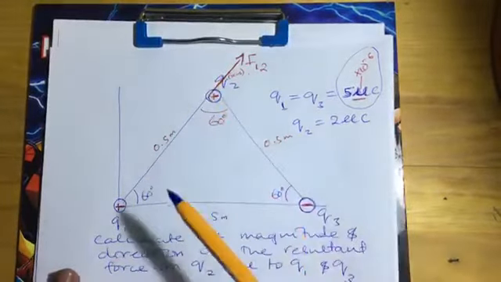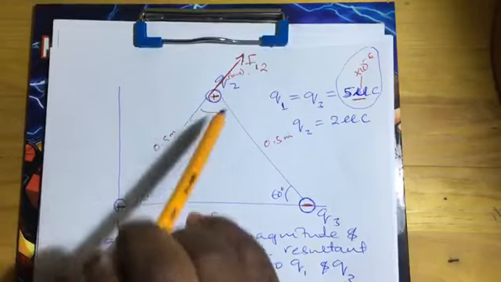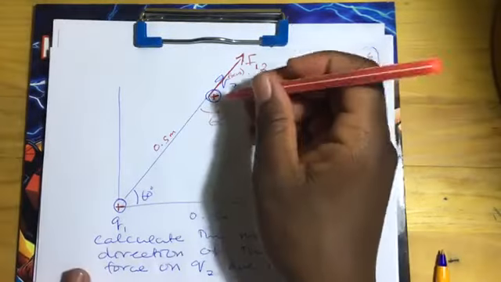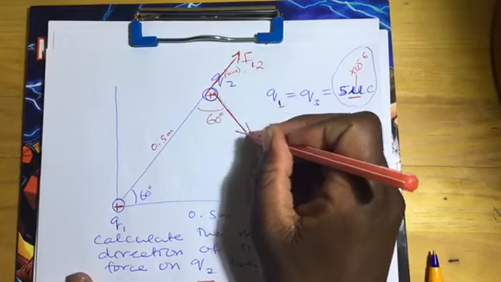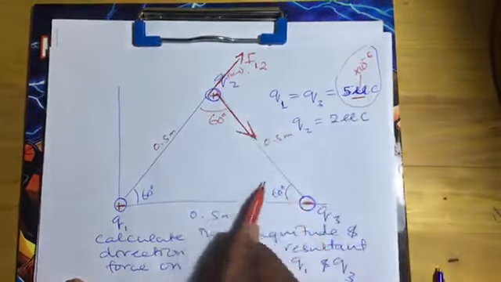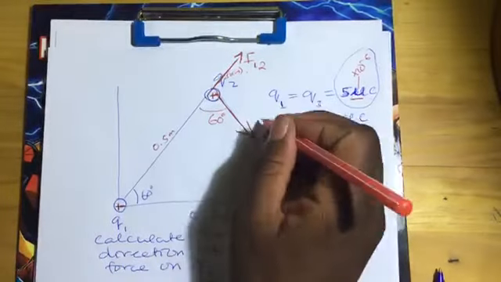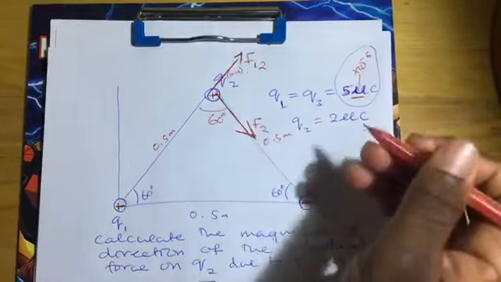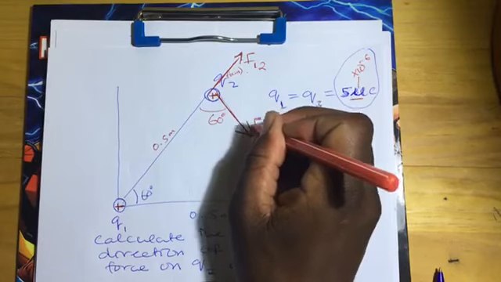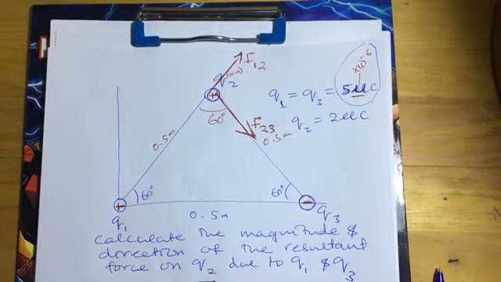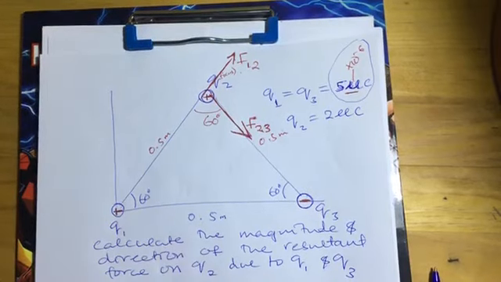But because it is an attractive force, it is going to point towards the charge of interest. So this other force is going to be in this direction, and because this force is between charge 2 and charge 3, I'm going to label it as F23. Are we together up to this stage?